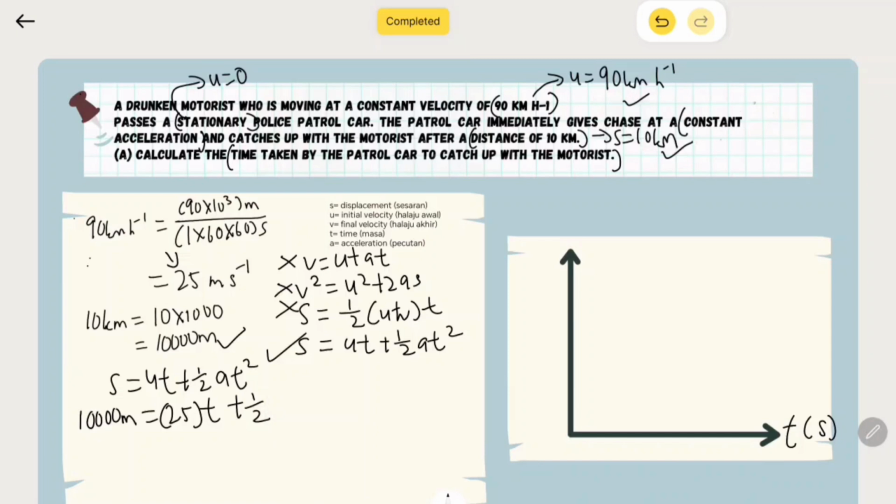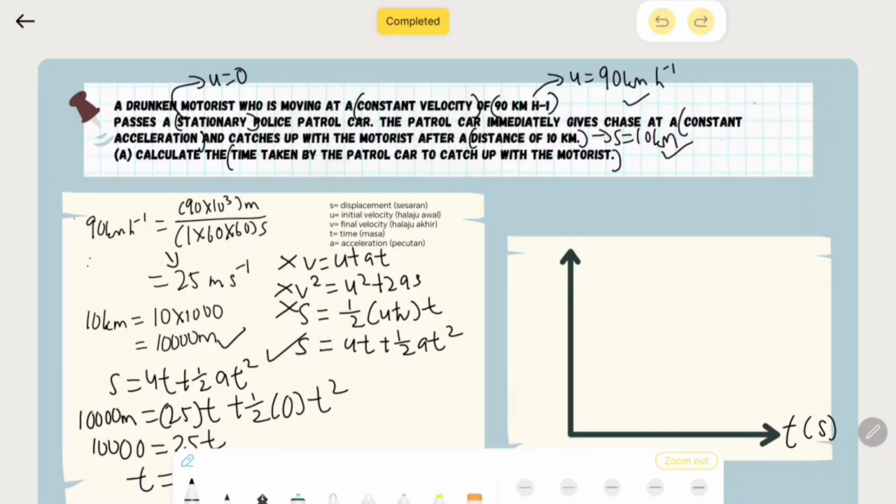Since we know that the motorist has constant velocity, a is equal to 0, and t squared. So we simplify this equation, 10,000 equals 25t, and finally t is equal to 400 seconds.